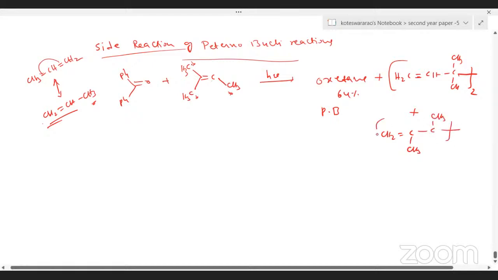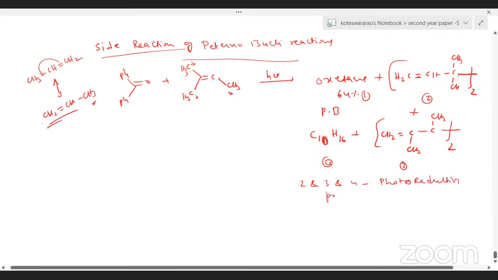This is also a dimer product, and along with the other products, a C10 fully saturated alkane is generated. Now, of these four products, the first one is the Paterno-Buchi product, but the second, third, and fourth are the photoreduction products.